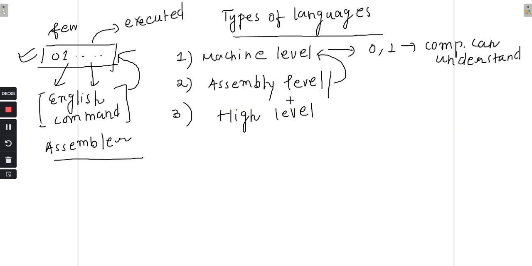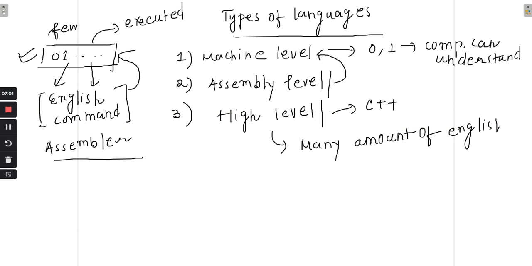Now, what are high level languages, right? In the category of high level languages, we have our language called C++. A high level language has a significant amount of English commands, and these commands need to be converted to the machine code, which again is executed by the CPU.